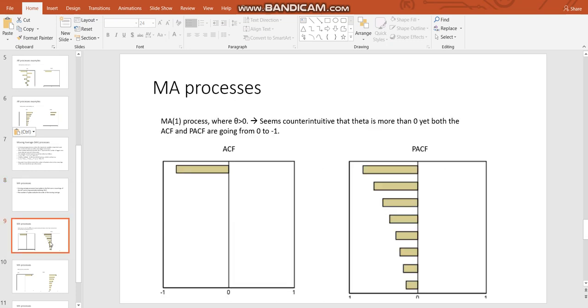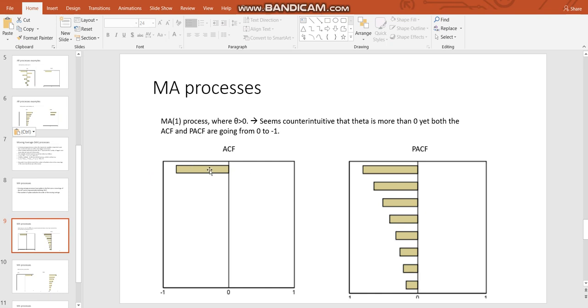So just to give you a little textbook example, this is what it would look like if you were trying to identify an MA process. As you can see, the partial autocorrelation function this time is exponentially declining, whereas you've only got one spike in the ACF.